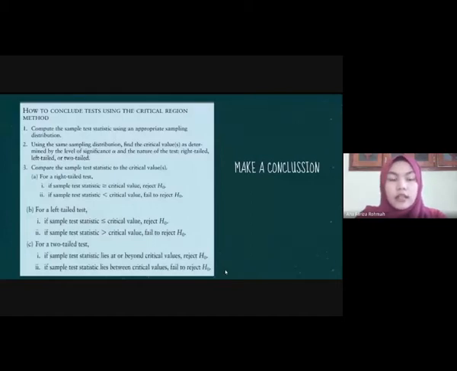And if the sample test statistic is greater than the critical value, we fail to reject the null hypothesis. And C, for a two-tailed test, if the sample statistic lies at or beyond the critical value, reject the null hypothesis. If the sample statistic lies between the critical values, we fail to reject the null hypothesis.